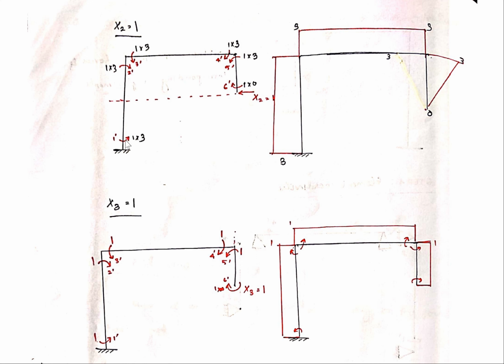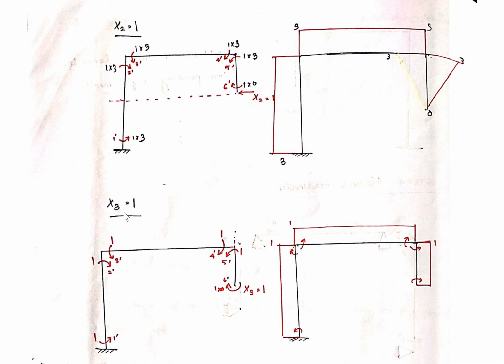The first coordinate is again 1 into 3 because the distance between x2 and the first coordinate is also 3, in the anti-clockwise direction, so minus 3. So the second column of the Bx matrix will be minus 3, 3, minus 3, 3, minus 3, 0.